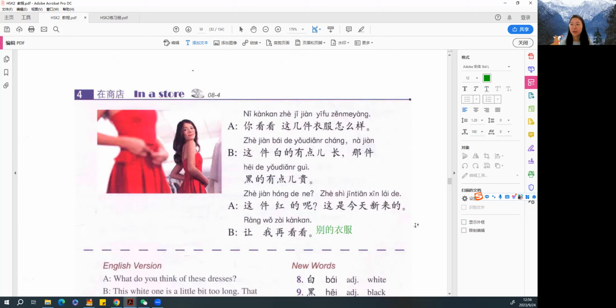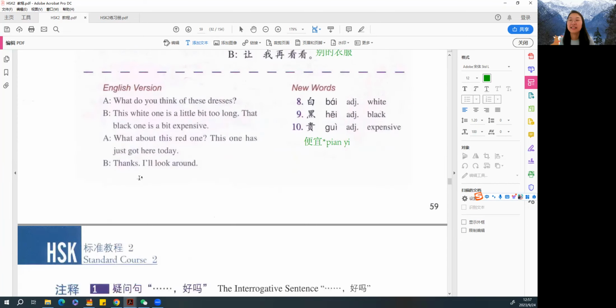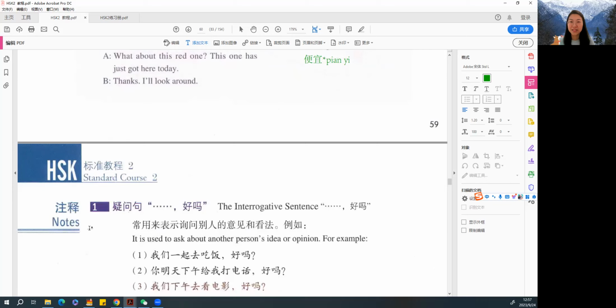Then cover all the pinyin and just read the Chinese characters, try your best to read it out at normal speed, and somehow you will keep it in mind and don't even have to look at the content. You can remember everything. So this will be the homework for today, and we'll see you next class and begin our notes section.